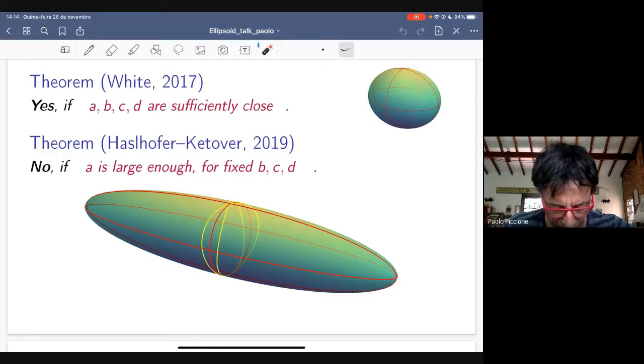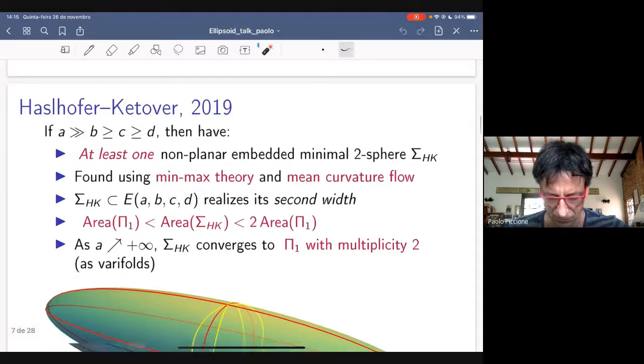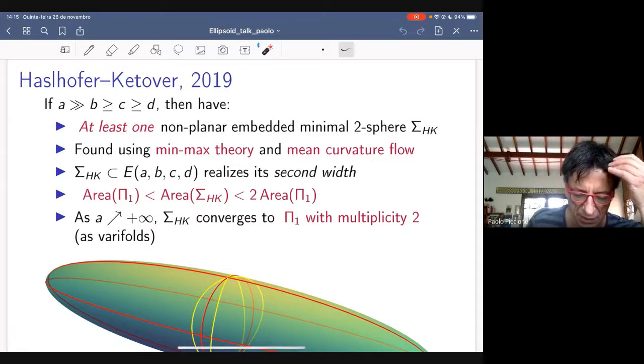So it's a very sophisticated proof that Renato and I were looking at, and we found some ingredients that suggested that maybe a more general result could hold, like a better estimate on the number of minimal 2-spheres could be found. So, okay, this is the description of the paper by Haslhofer and Ketover. So if A is much larger than B, C, and D, then there is at least one minimal 2-sphere, sigma HK, from these two names.